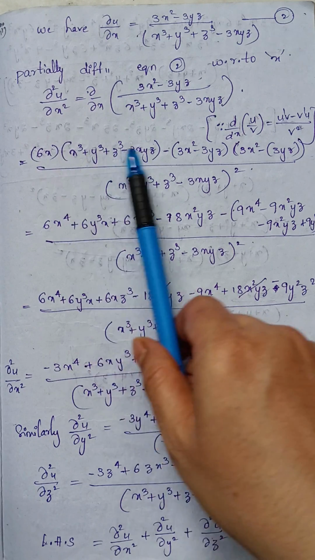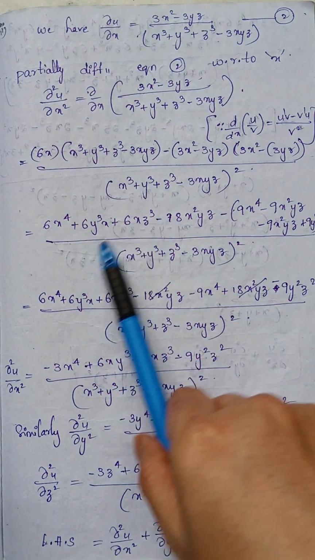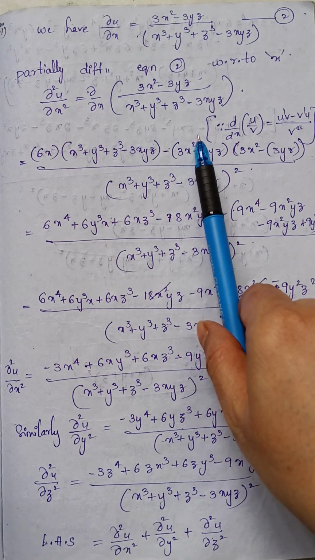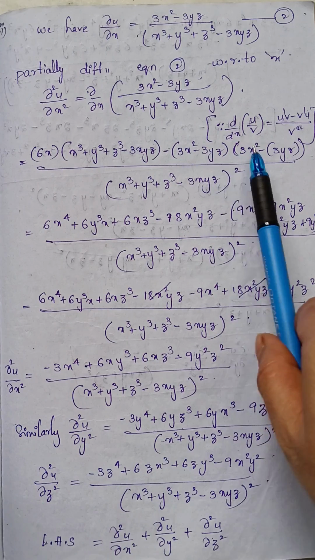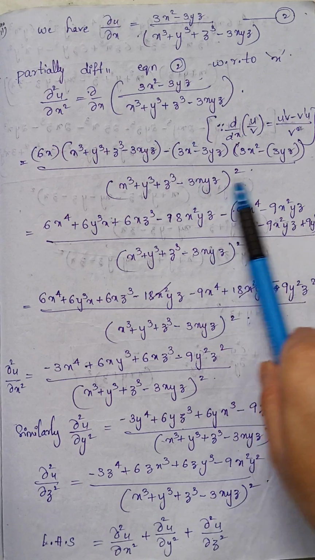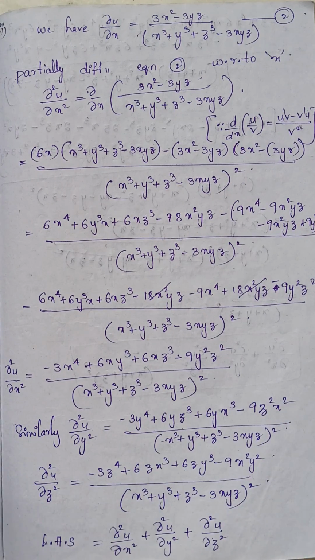Again multiply each and every term, like 6x into x cube, x power 4, 6xy cube, like that each and every term we have to multiply. Here also minus of 9x square into 3x square into 3x square is 9x power 4. First into second, second into first, second into second. Now divided by denominator as it is.